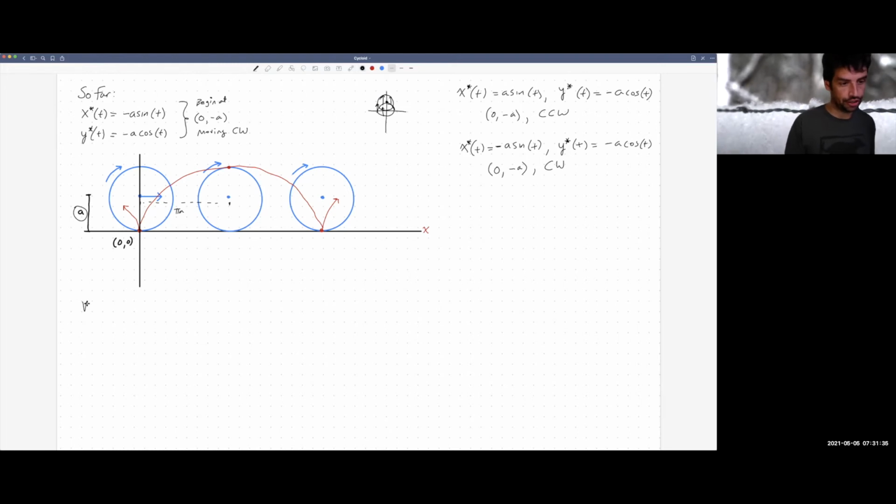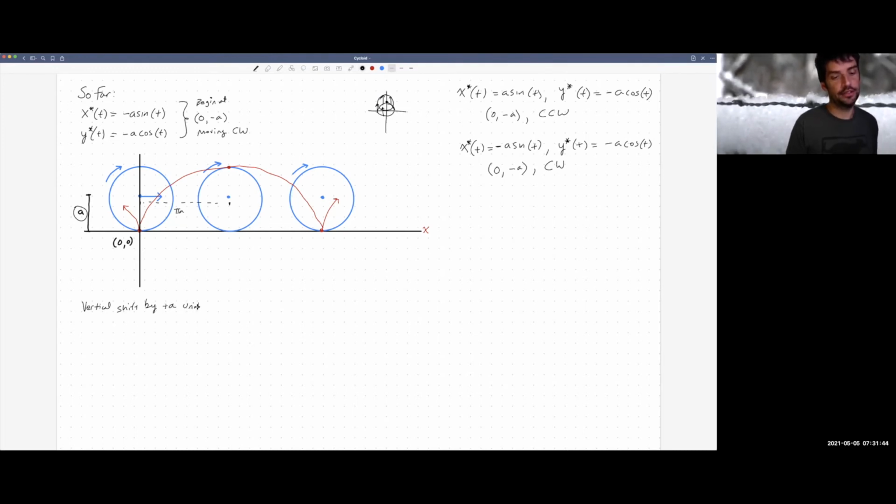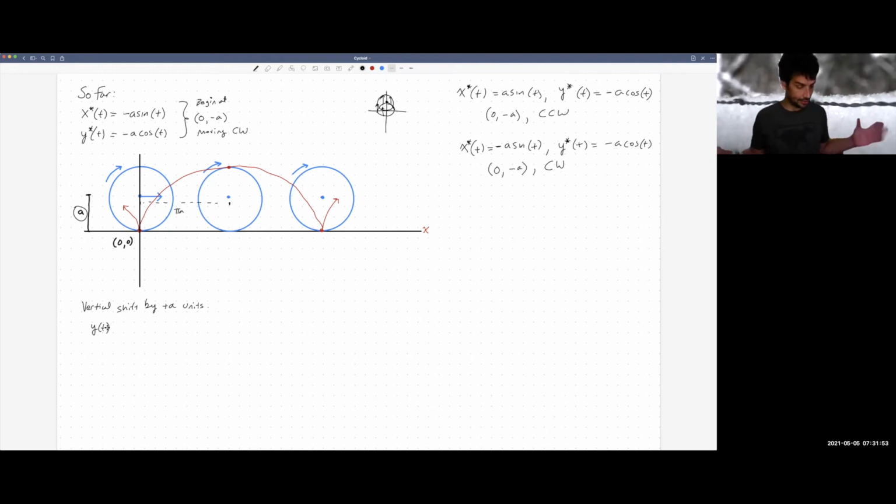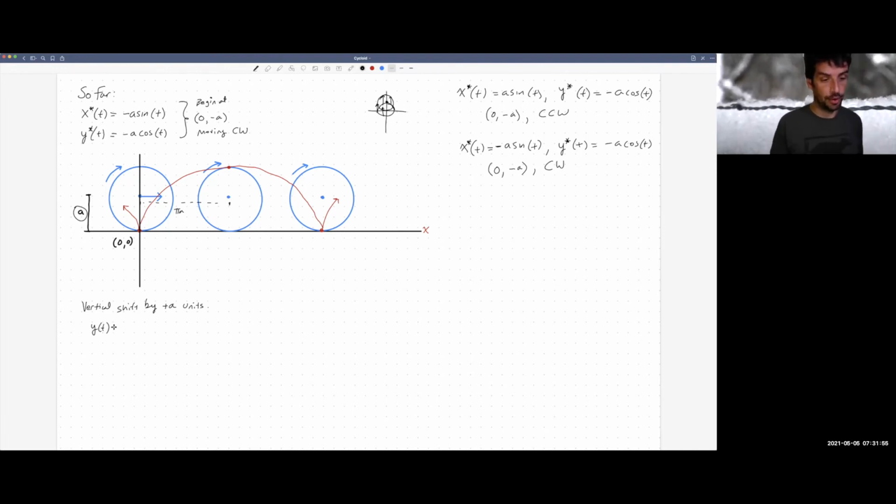We'll have a vertical shift by positive a units, which I'll call y of t. This is going to be our final, this is going to give us exactly what we want.